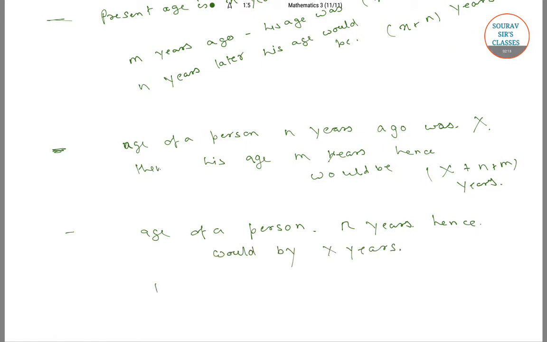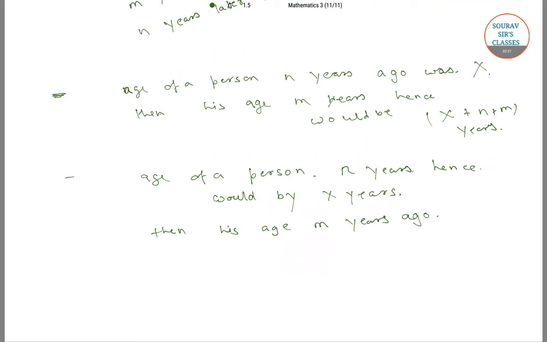Then his age M years ago would be X minus N minus M years.